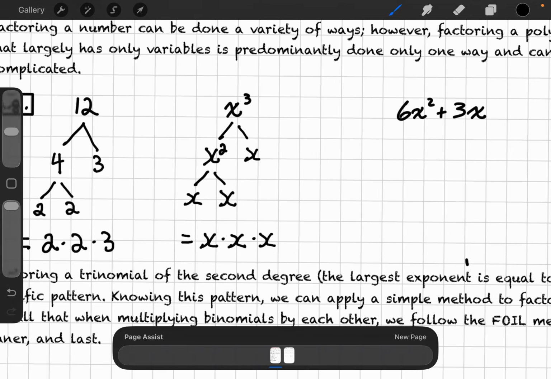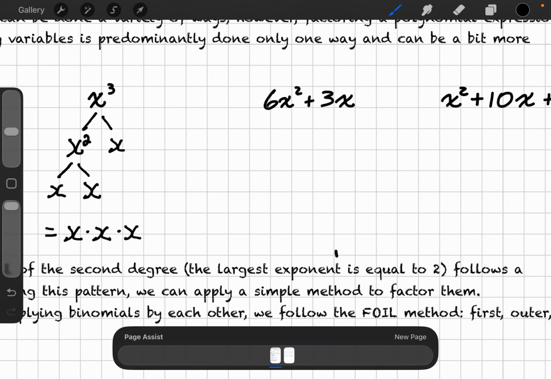All right. Now let's look at here. Here we have 6x squared plus 3x. This can be broken down into 3x and 2x plus 1. And then 3x can be further broken down into 3 times x, right? So this is its final factored form.